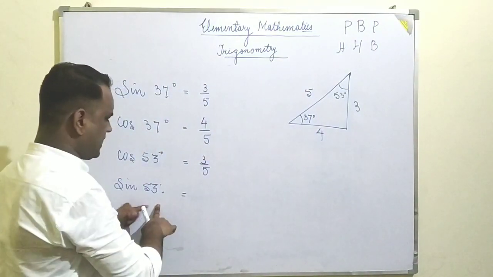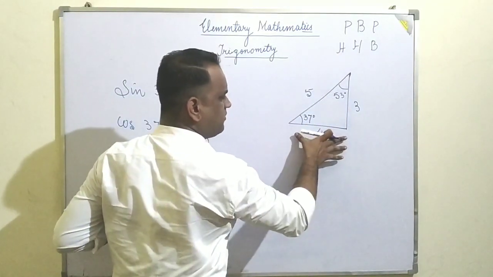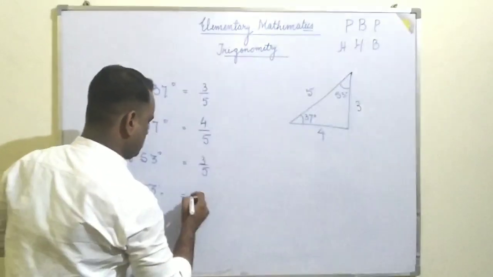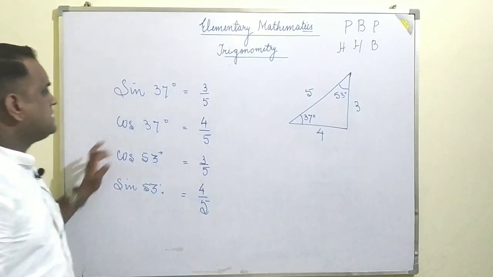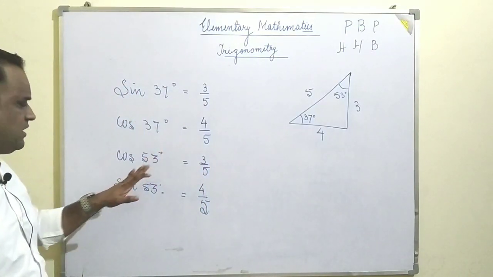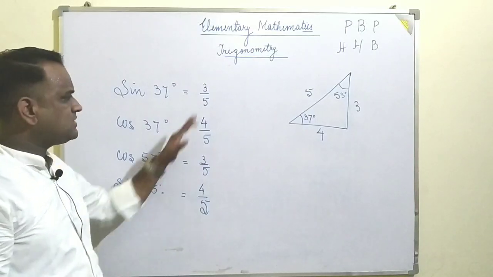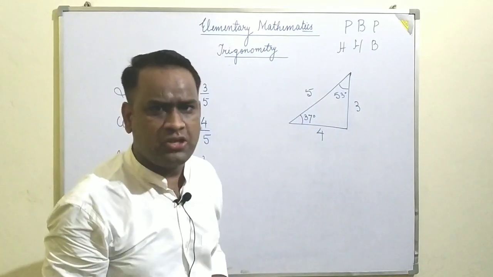And sine 53, sine theta is equal to perpendicular upon hypotenuse. So here 4 will be the perpendicular and hypotenuse will be 5, so it will be 4 by 5. These are the values of sine 37 degree, cos 37 degree, cos 53 degree and sine 53 degree, the basic values which may frequently be asked in your examinations.